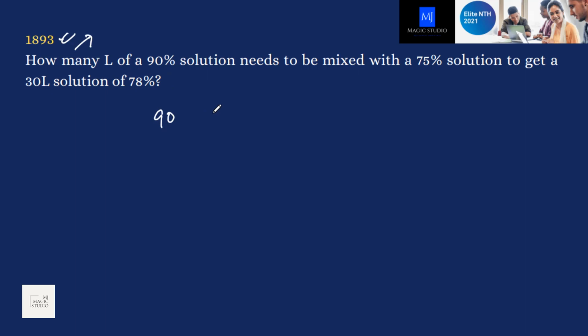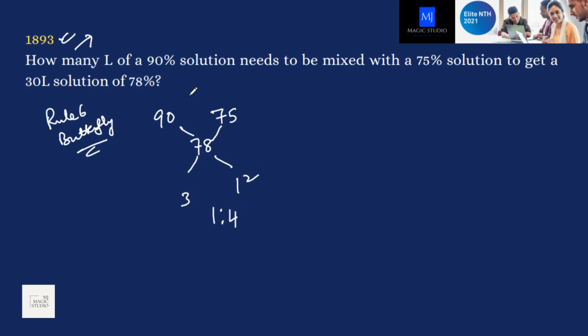How many liters of 90% solution are to be mixed with 75% solution to get a 78% solution? I'll use my rule 6 butterfly, and that would be it. This is 12 and this difference is 3. So the ratio is 1:4. 30 liters need to be divided in the ratio of 1:4. This would be 1/5 of 30, that is 6 liters.